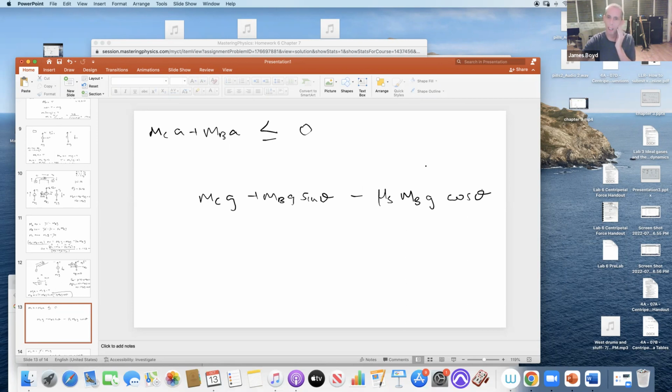This is the force of static friction, and this is the weight of the book, and this is the weight of the cup. So let's add those things up. Remember this with 0.550 and this with 1.5 and this 20. So I get 0.550 times 9.8 plus 1.5 times 9.8 times sine of 20. This whole thing, these two forces, is 10.4176.